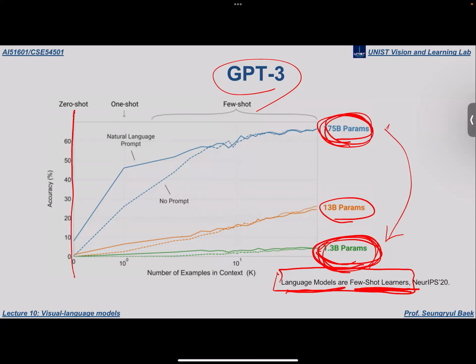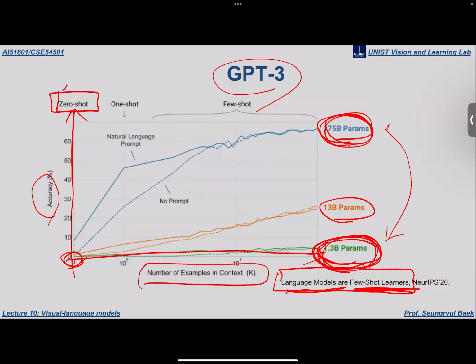Then the y-axis denotes the percentage of accuracy for some tasks, and this is the number of examples in that task we are training on. If we are given 0 samples for that specific task, it is called zero shot, okay?